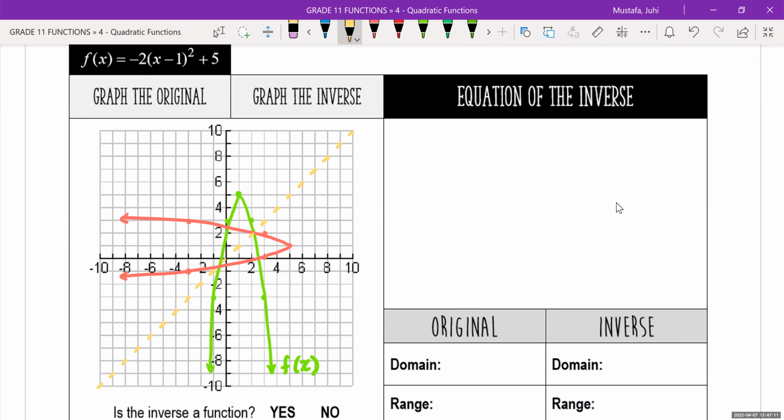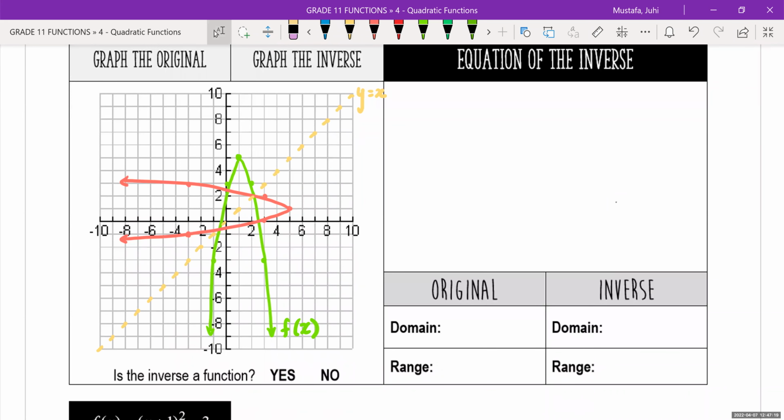And I'm going to label this y is equal to x. So I'll pause here. I'll give you guys a second to do this.